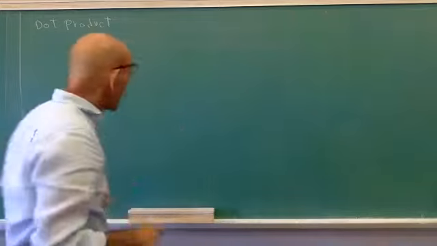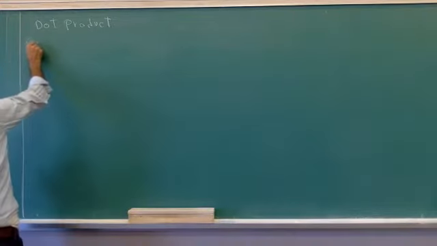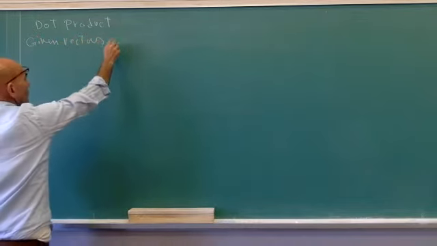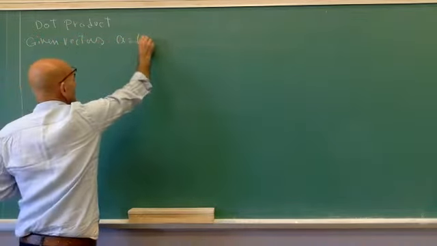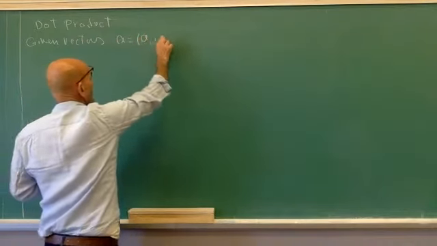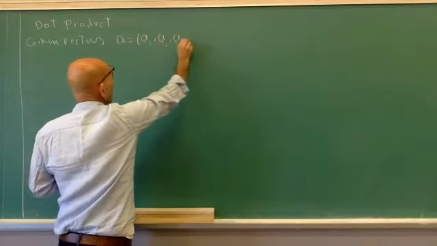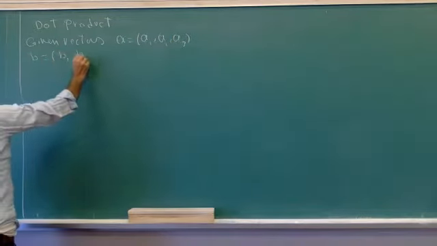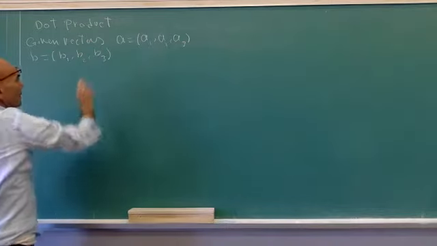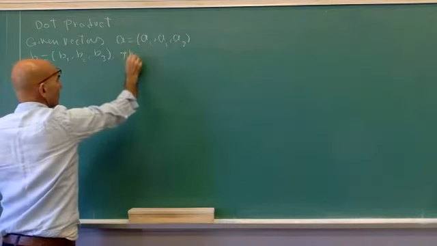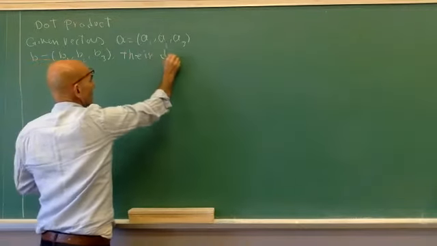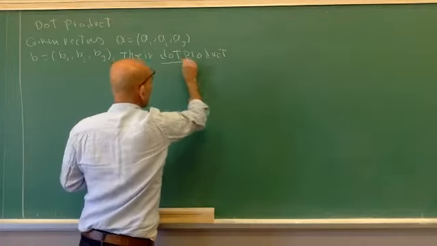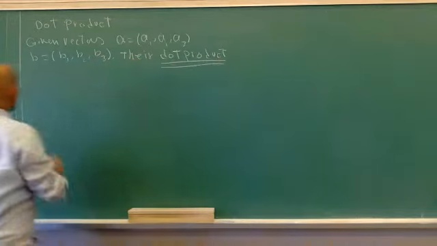We have two vectors now. A equal to A1, A2, A3, and B equal to B1, B2, B3. The dot product is defined.